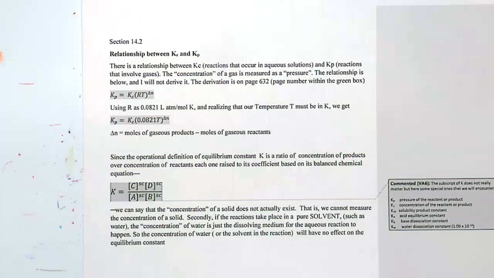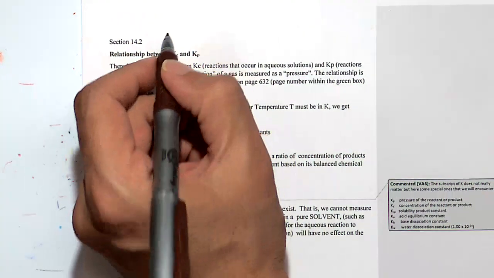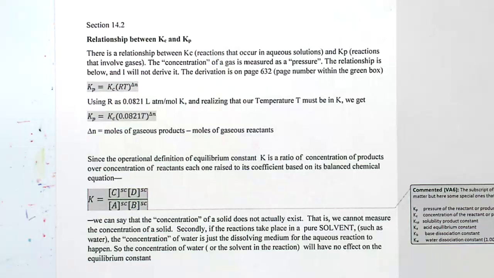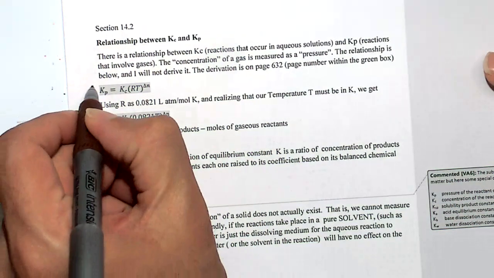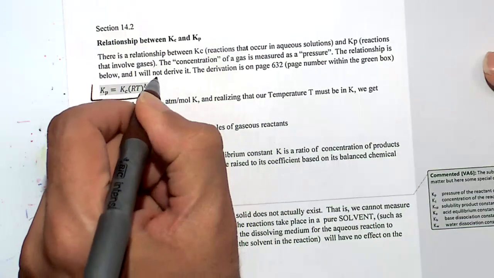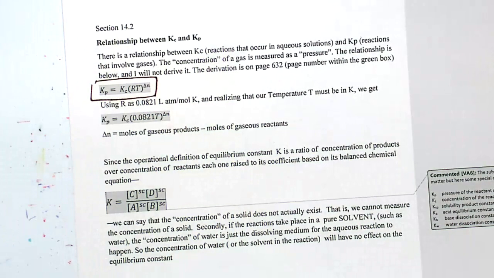Some relationships between Kc and Kp. Remember, C stands for concentration, P stands for pressure. So here's the relationship right here. I will give you this on the exam, so you do not have to concern yourselves with memorization.